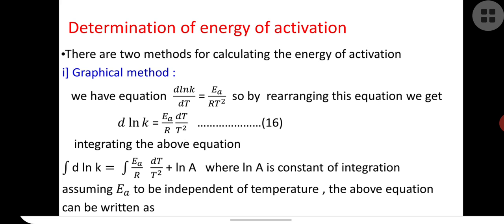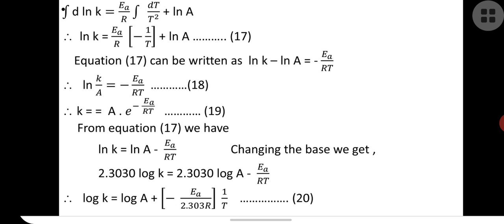Assuming EA to be independent of temperature, the above equation can be written as integration of d ln k is equal to EA upon R, kept outside the integration, and integration of dT upon T square plus ln A. Integration of d ln k is ln k.